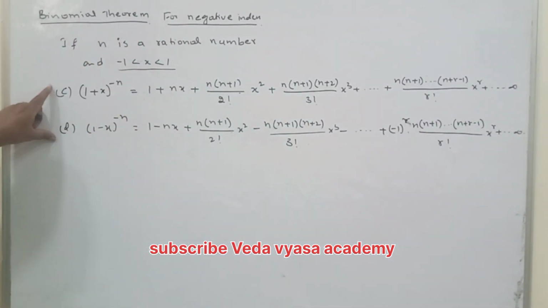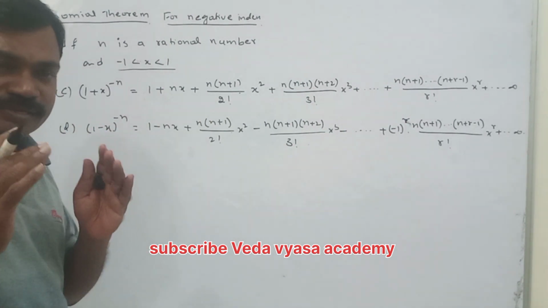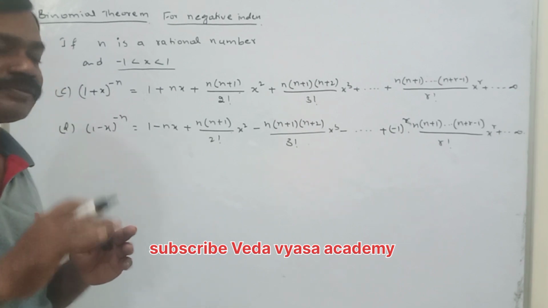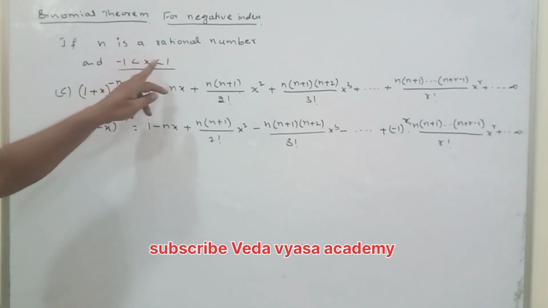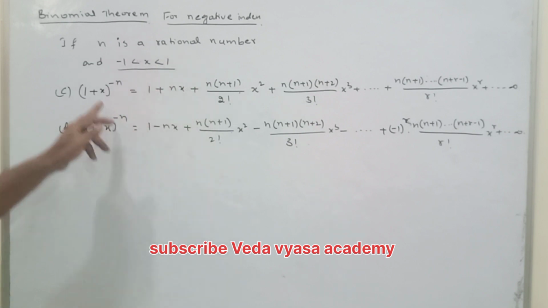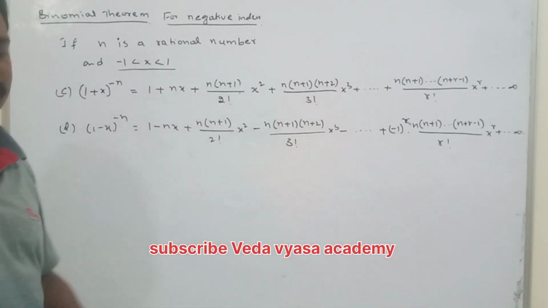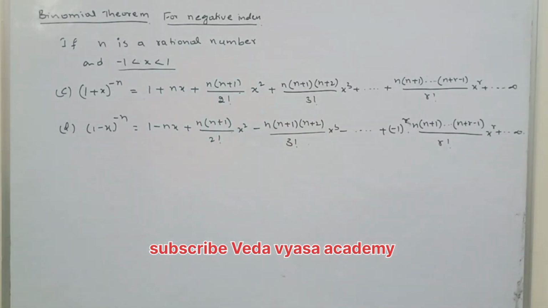So these are the two important results when the index is negative. Before that we discussed positive index and minus 1 less than x less than 1. When the index is negative, we have these results.